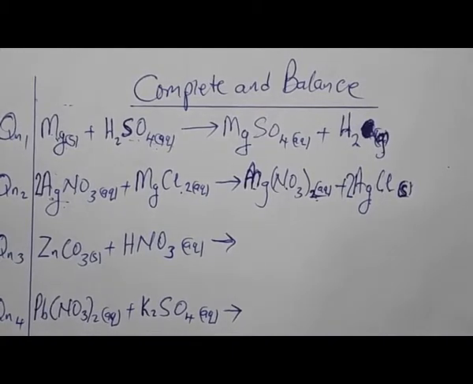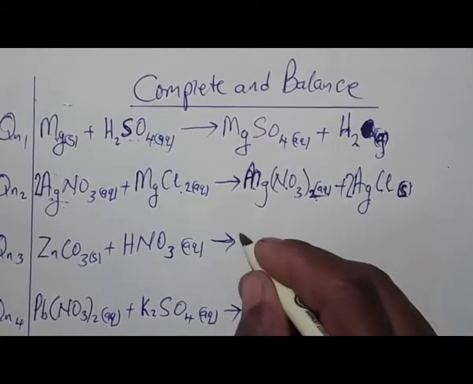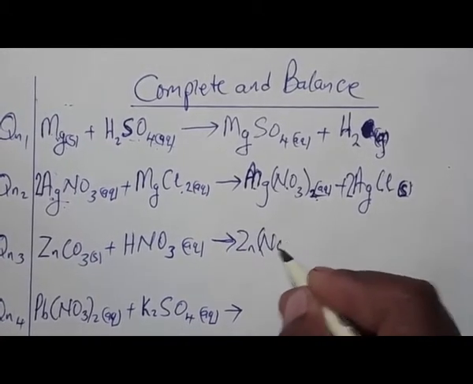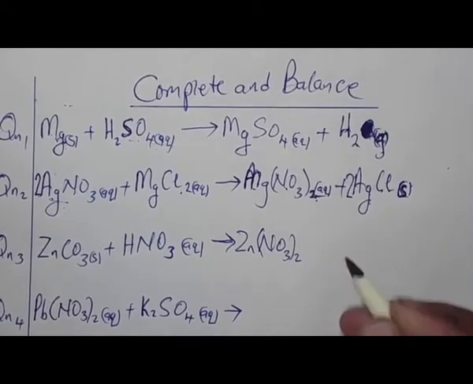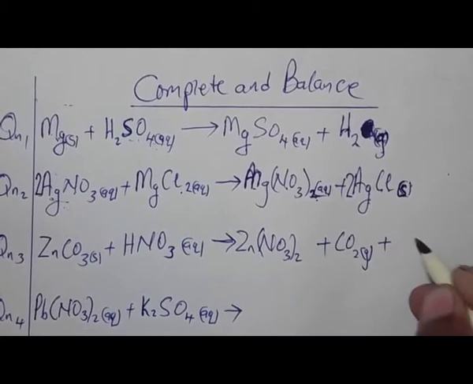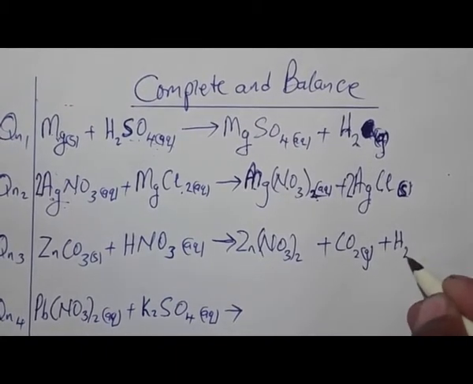Question number 3, we have zinc carbonate plus nitric acid. Remember, metal carbonate plus an acid is normally carbon dioxide, salt, and water. So therefore, we will get zinc nitrate plus carbon dioxide plus water, liquid.